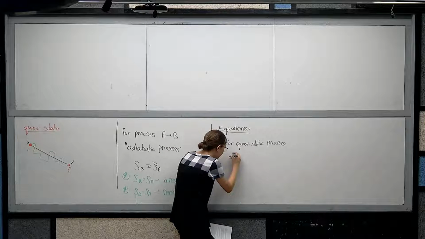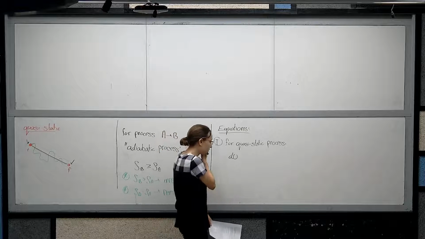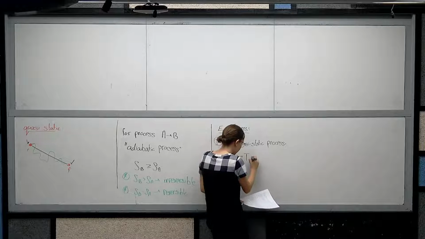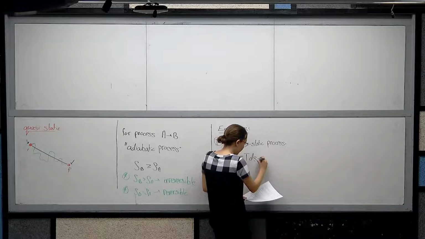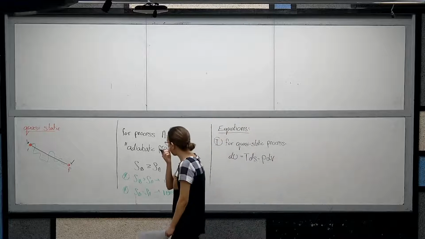And it describes the differential of the energy of the system. So dU equals TdS minus PdV.